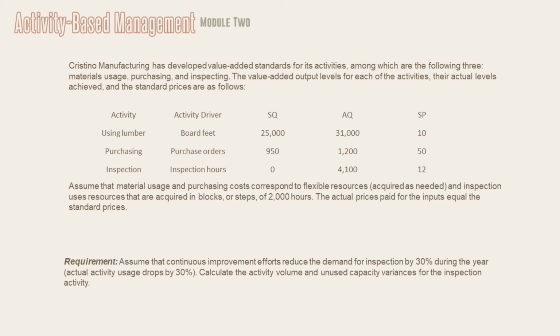The requirement for this problem is to assume that the continuous improvement efforts reduce the demand for inspection by 30%. During the current year, actual activity usage drops by 30%. Calculate the activity volume and unused capacity variances for the inspection activity. So let us try to solve this in Excel.